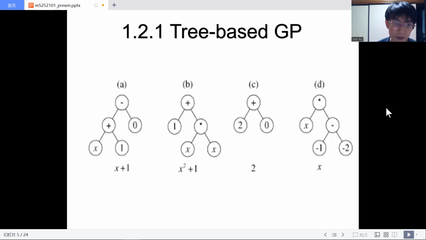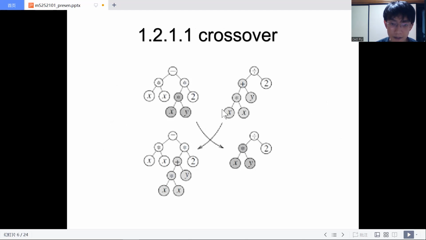And today we will focus on tree-based genetic programming, which is also one of the most typical ones. We use the tree to represent the result.